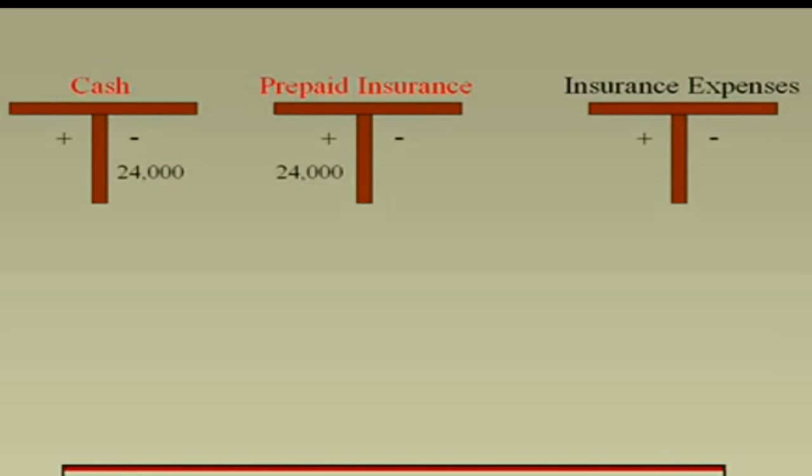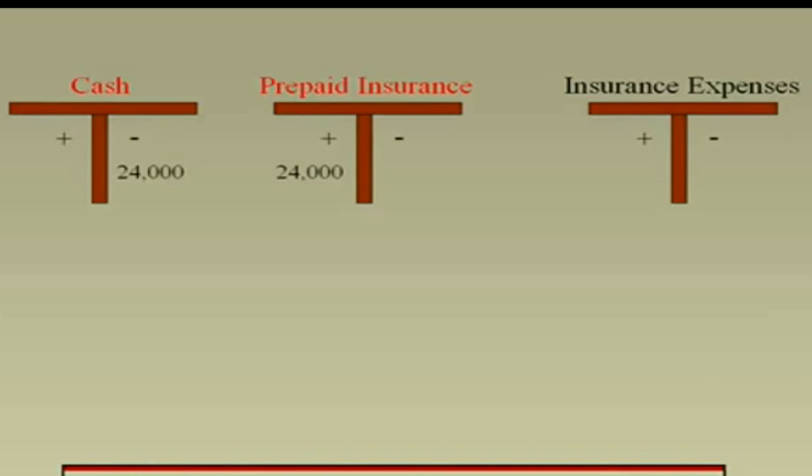Right now, it's an asset because the insurance company owes you. At the end of the year, do they still owe you? No, because they provided you with the service. So nothing is prepaid anymore, you got the service.